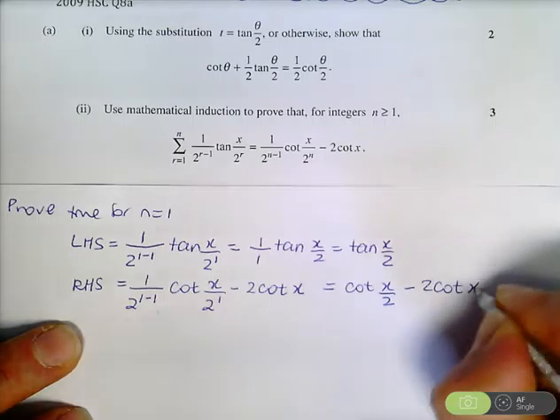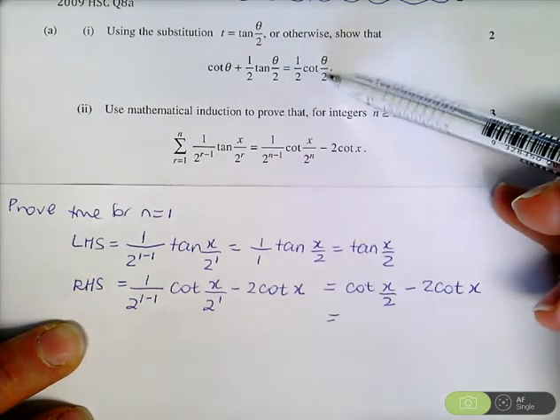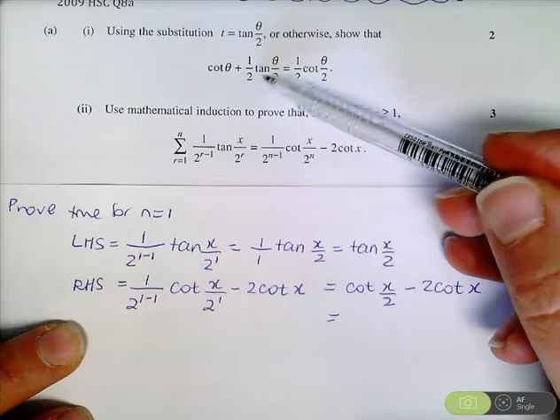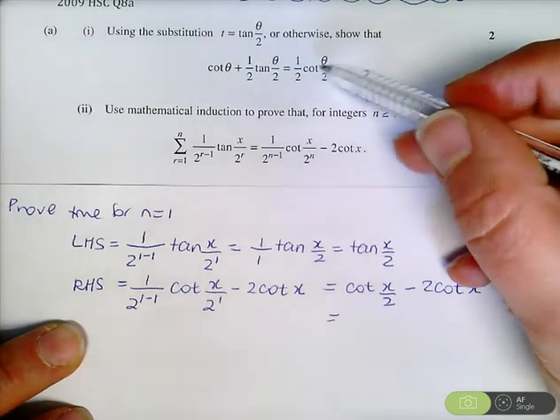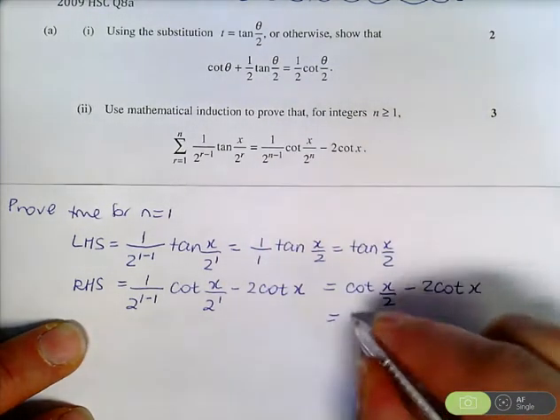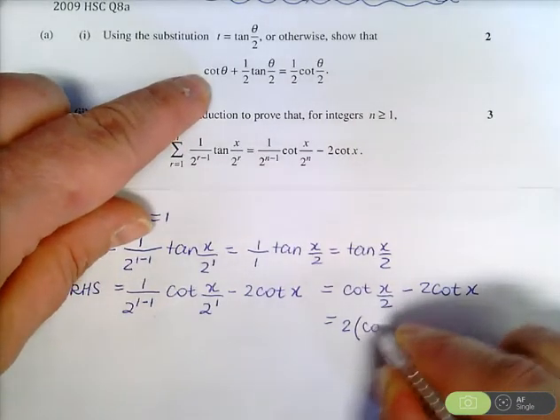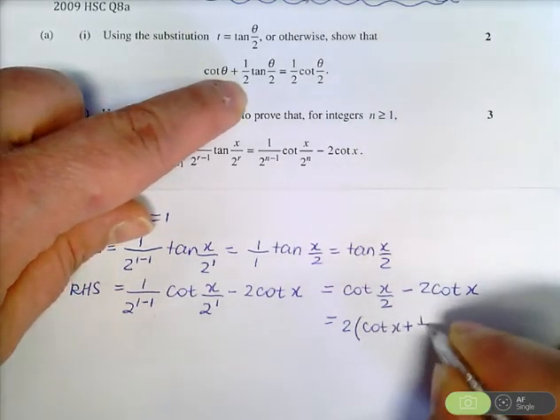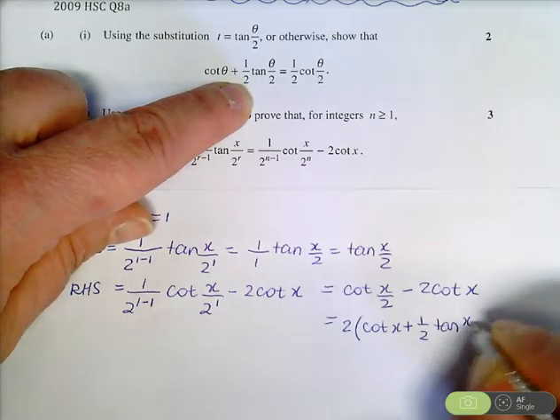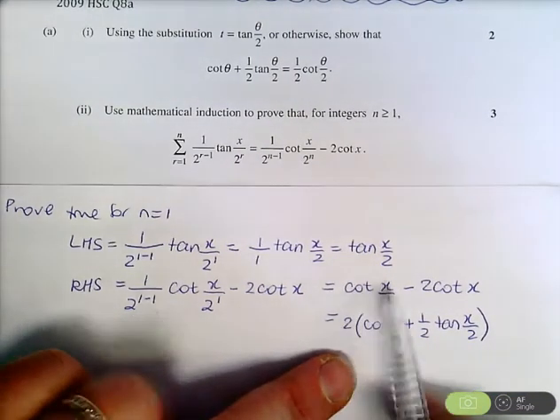Now 1 over 2 to the power of 0 is 1, so we've got cot of x over 2 minus 2 cot x. Now we know that a half times cot theta on 2 is cot theta plus a half tan theta on 2, so therefore cot theta on 2 will be 2 times this left hand side. So therefore cot x on 2 is 2 times cot x plus a half tan x on 2. So that's our substitution for cot x on 2.